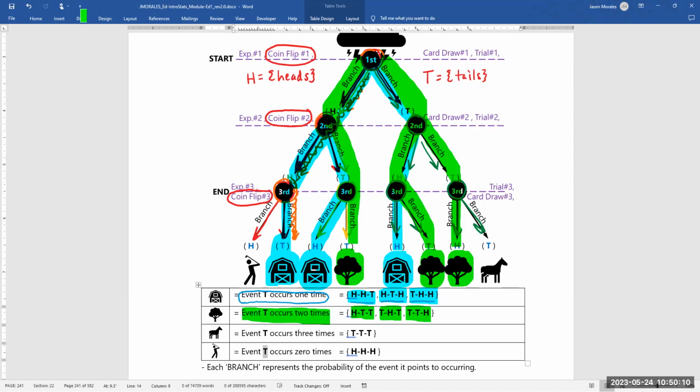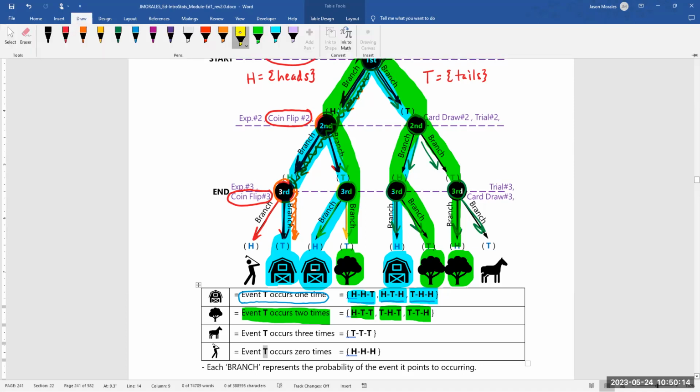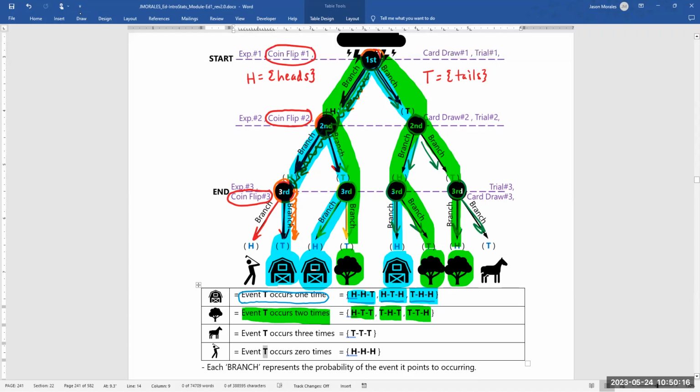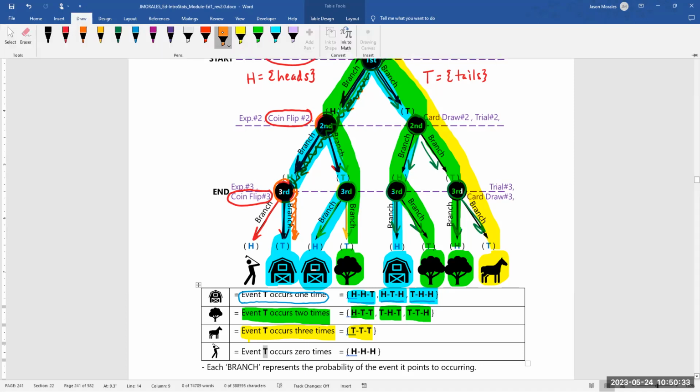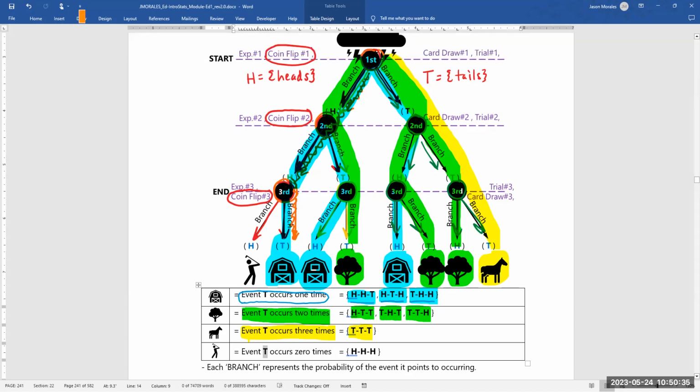And then we could look at 2 final combinations. One combination is where tails occurs 3 times. So tails, tails, tails. So that would have been tails, tails, tails to this outcome. And then finally, we could have had where tails occurs 0 times.